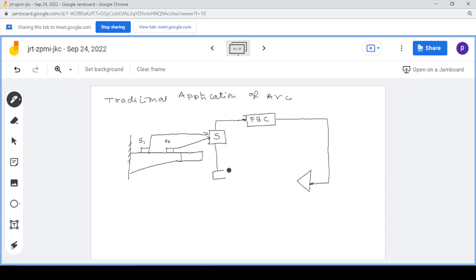Here we have actuator F. This actuator is connected to the feed forward control, which is also connected to the summing junction. Then we have the system, which is receiving power from, or transferring power to, the actuator.